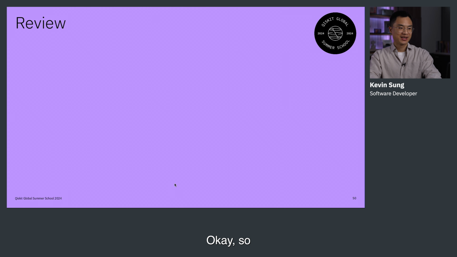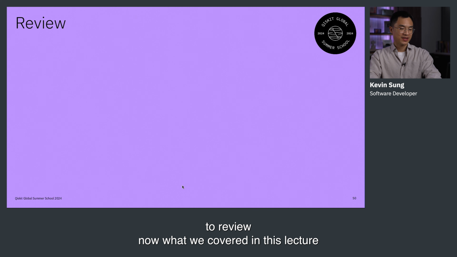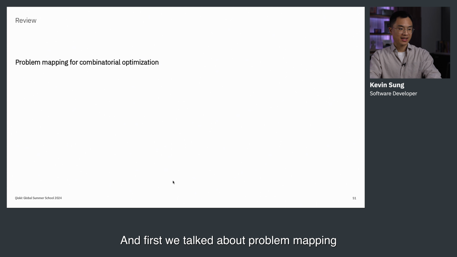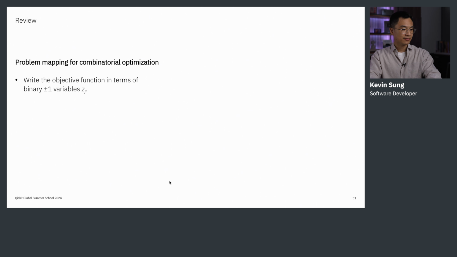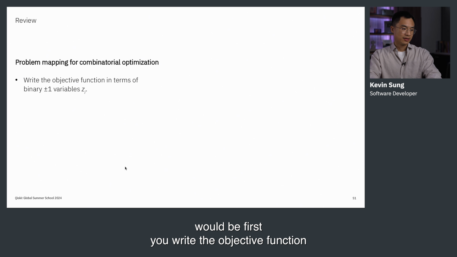Okay, so to review what we covered in this lecture, we talked about problem mapping. First we talked about problem mapping for combinatorial optimization. The steps for the mapping here would be: first, you write the objective function in terms of binary plus and minus 1 variables.